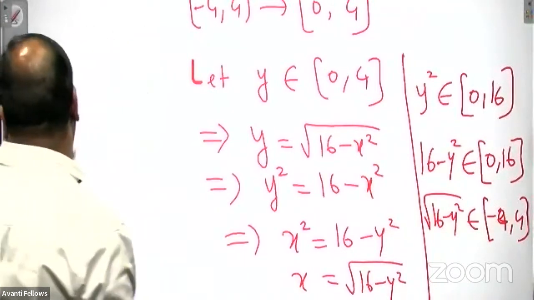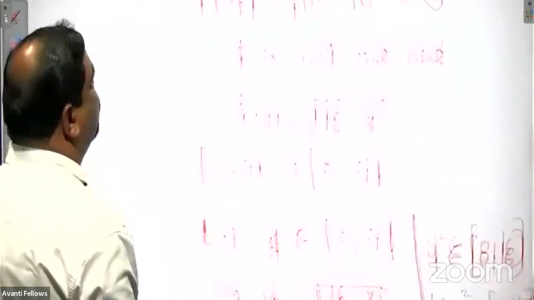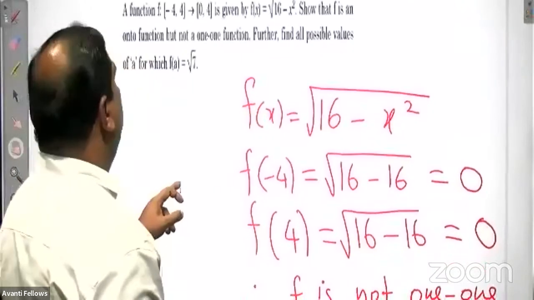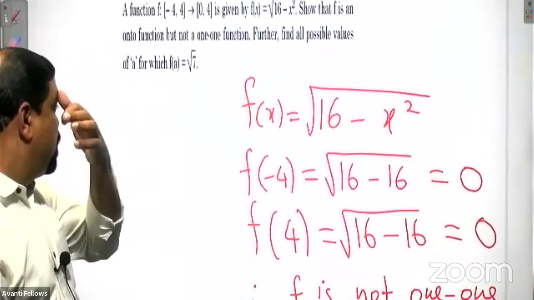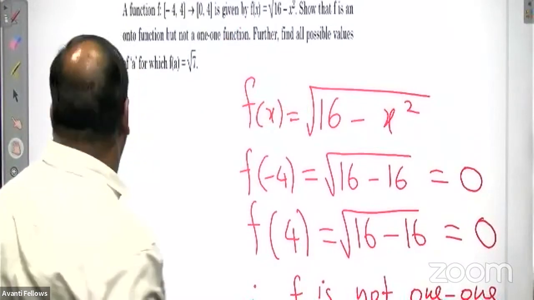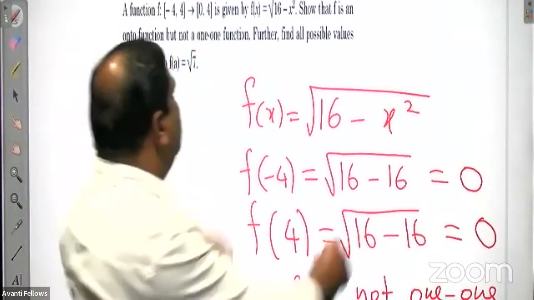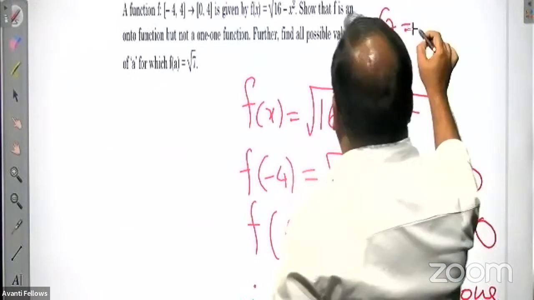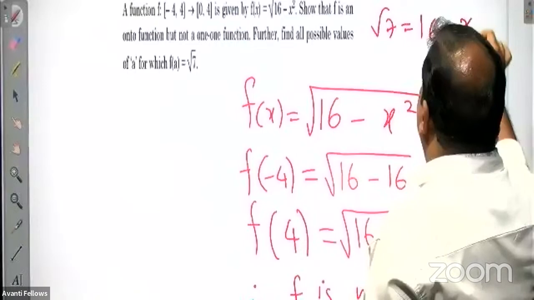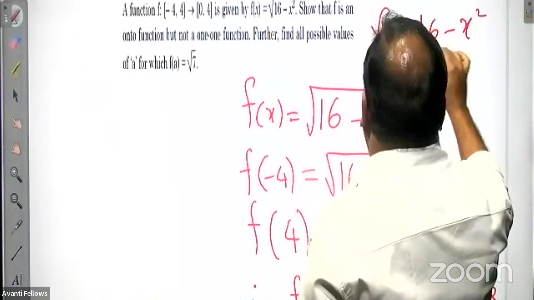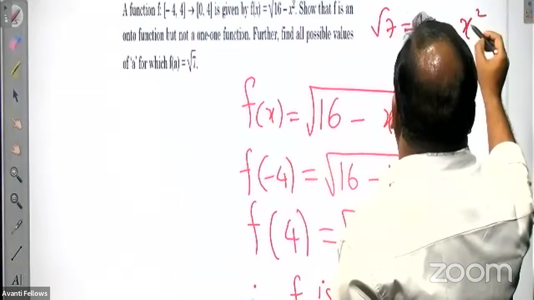Now there is a second part for this question. What is the value of a for which f of a is root 7? That is very simple. F of a is root 7, so in place of x, I have to put a.